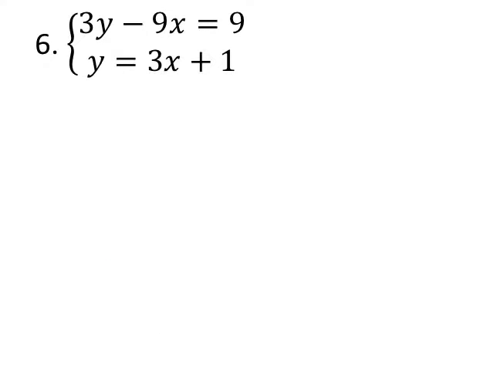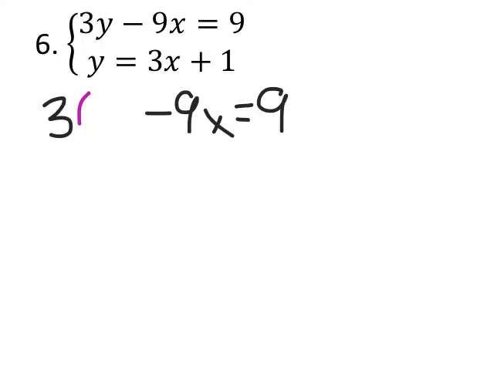Alright, number 6 is pretty much the same. We're going to use substitution to solve this. And we can see we're going to replace the y in that top equation. So it would have been 3y minus 9x equals 9. But again, we're replacing the y with 3x plus 1. Distributing the 3, we've got a 9x plus 3.